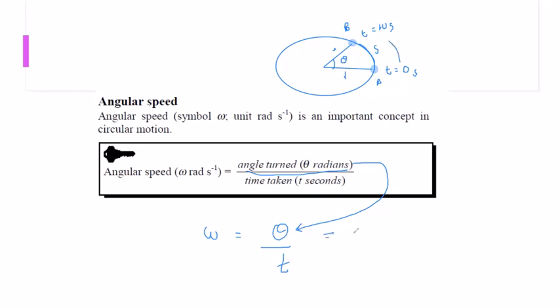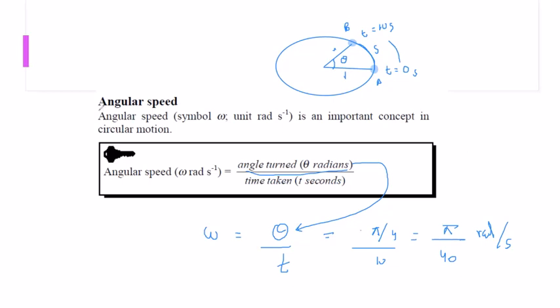If the change in angle was, say, pi by 4, and it took 10 seconds to change this, then this will become pi by 40. And what is the unit? The unit for angular speed is radian per second, or it can be revolution per second. Revolution means one complete rotation, we call that a revolution.